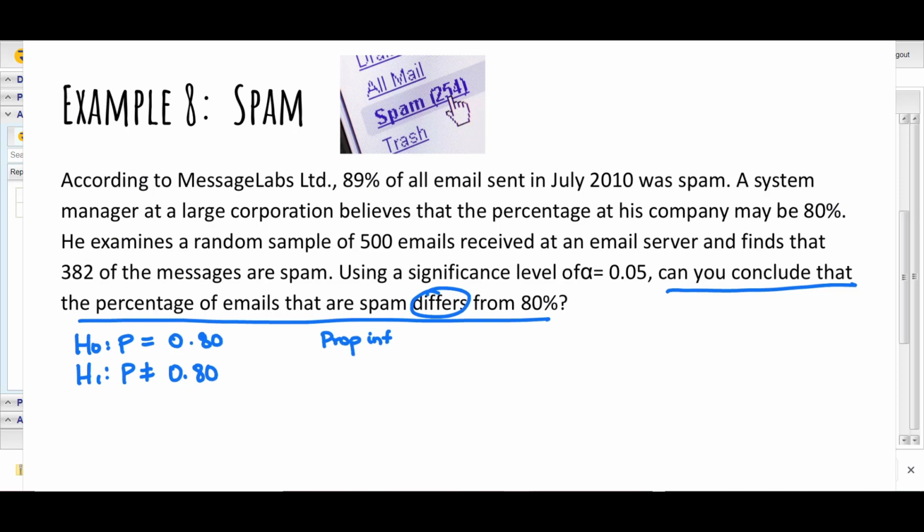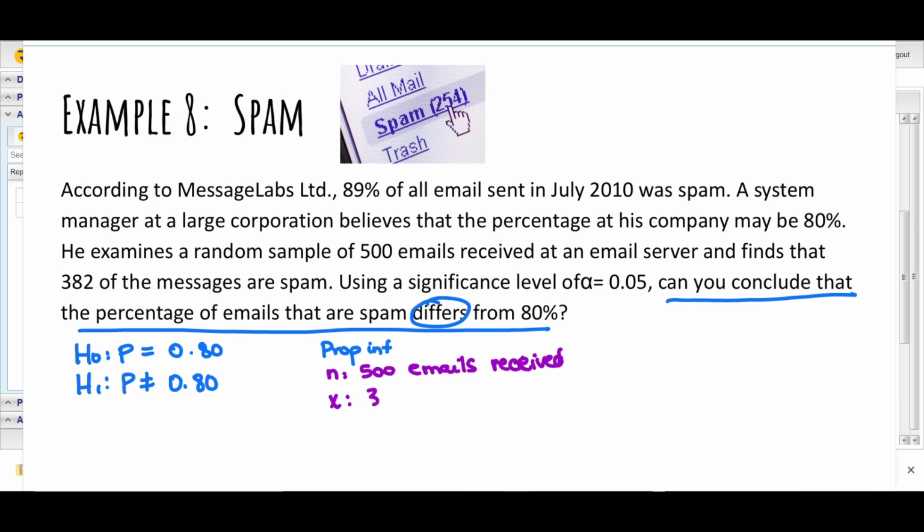So let's write down what we know. We know the sample size is 500 emails received. And then of those, I'm calling this the number of successes, we call that X for short.